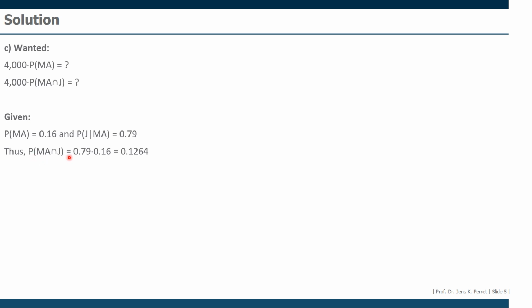How do we get this? We simply use the formula for the conditional probability and solve it for that probability. Now it looks as follows: the conditional probability times the probability of the condition. These two multiplied with each other give us a probability of 12.64% of doing management and finding a job.